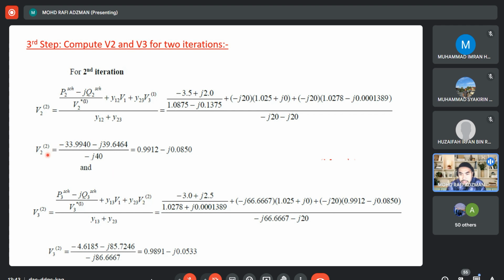Because you already have the second iterations. The second iteration you need to put into here to find V32. And then you divide it by your diagonal element, which is Y13 plus Y23, the diagonal element belonging to bus 3. So put all the parameters, the values for voltages and also admittance and power, reactive power. You find that V32 equal to 0.9891 minus J0.0533.